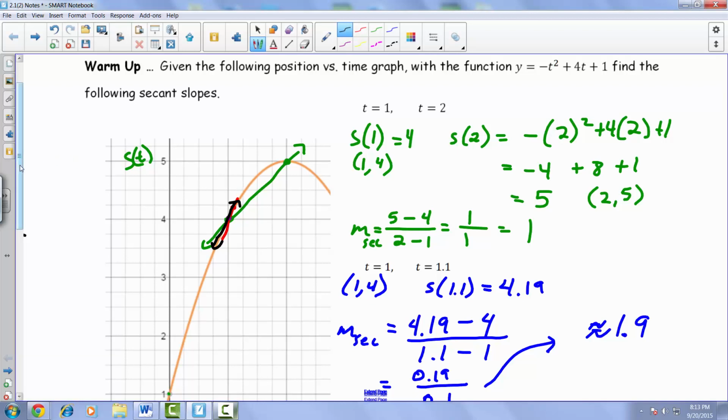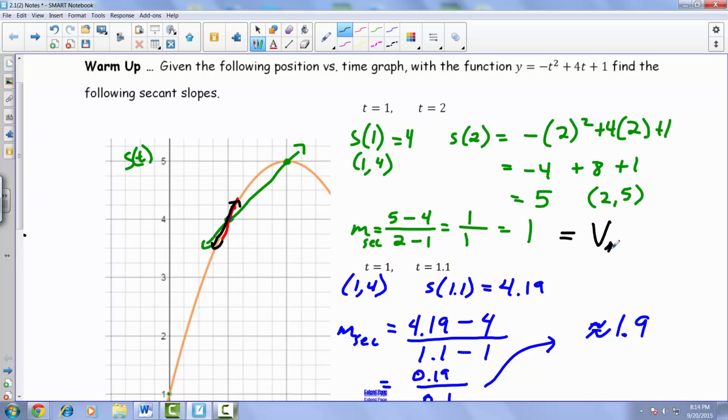So again, secants represent average rates of change, in this case over time for a particle. And as you get closer and closer to that tangent, you're getting closer and closer to the true velocity at that particular point. All right. So again, when we were finding all these secants, these were average rates of change.